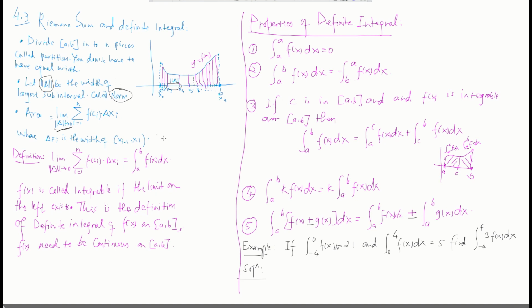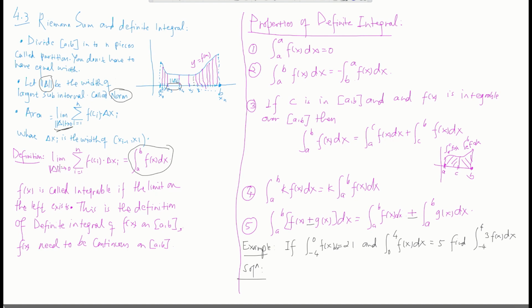Now we define the definite integral. The definite integral from a to b of f of x dx is defined by this sum. Basically this definite integral is the area under the curve f of x above the x-axis between a and b, because it is defined as the limit, as the norm tends to 0, of the sum of the areas of the rectangles.